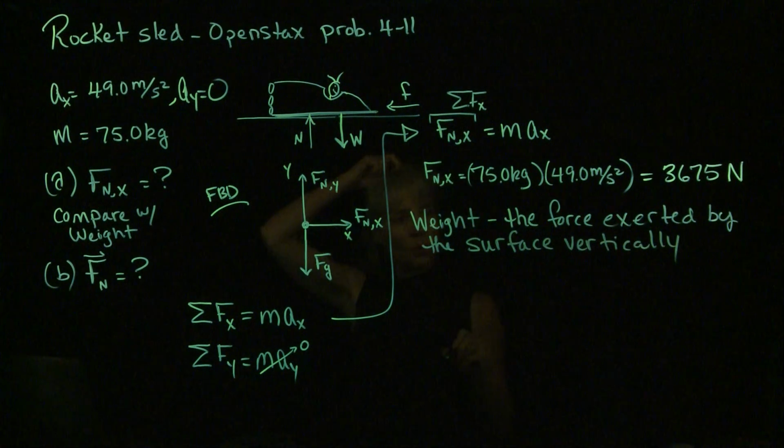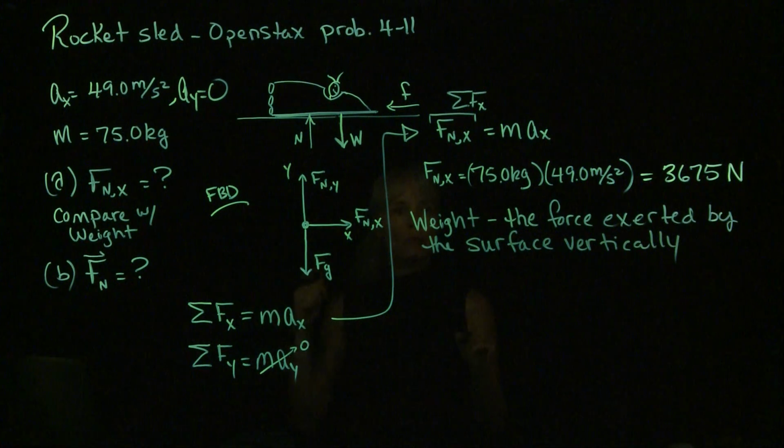Most of the time weight is going to have the same value as the force of gravity. But the specific definition for weight is the force exerted by the surface vertically.